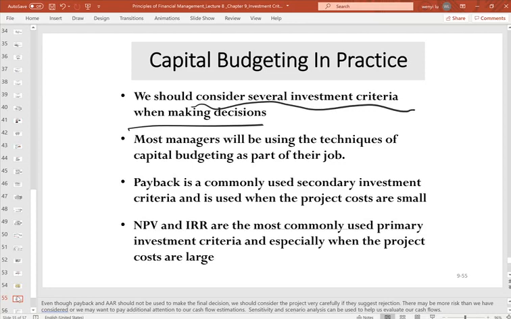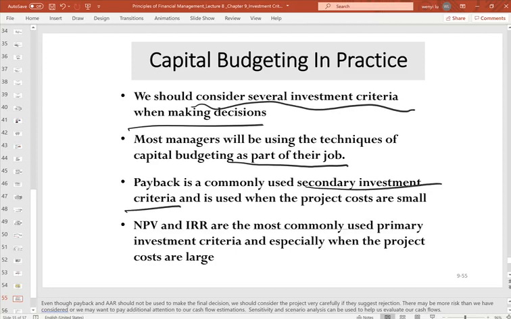Most managers will use the techniques of capital budgeting as part of their job to choose the best projects.